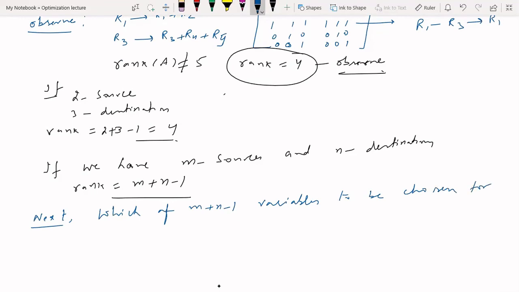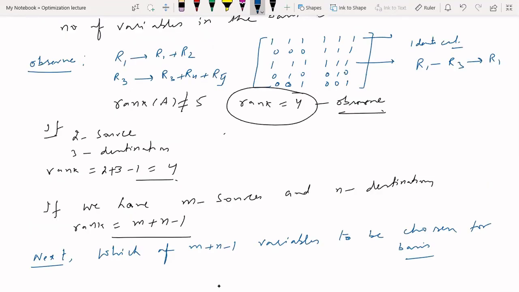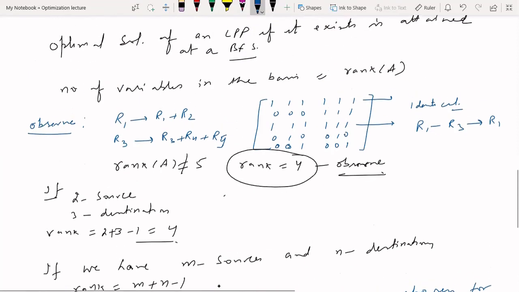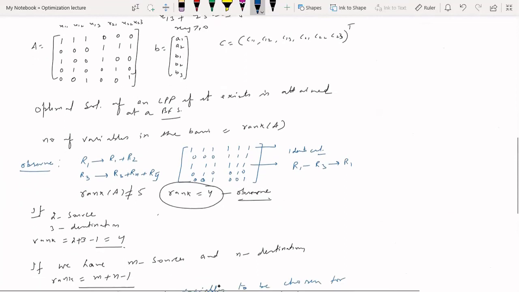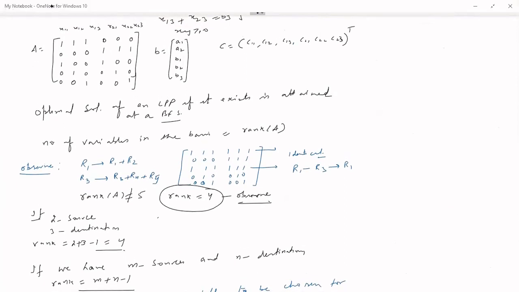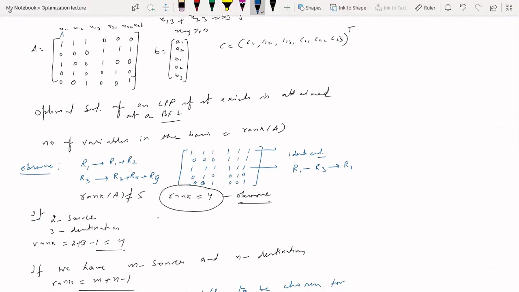I would like you to observe here that in my A matrix, the columns corresponding to my variables x11, x12, x13 are A11, A12, A13, say A21, A22, A23. So these are my column vectors. So I have a simple observation here.